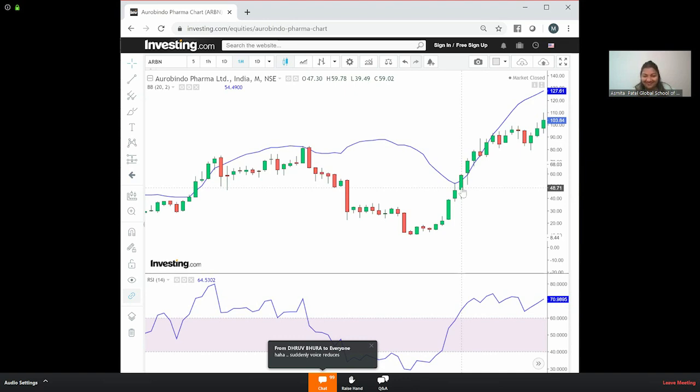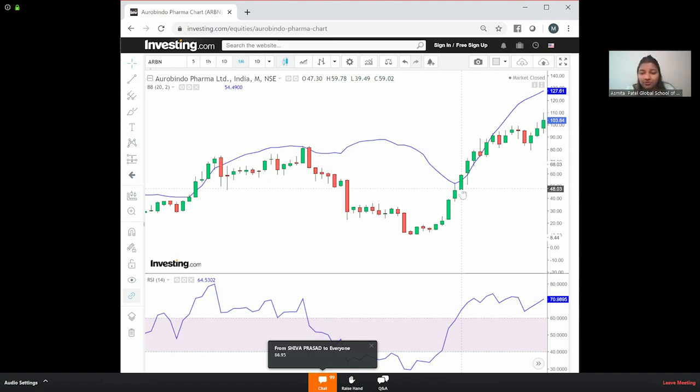Only 5% of the time the price goes above this band or below this band. Green color is the upper band, red color is the lower band.